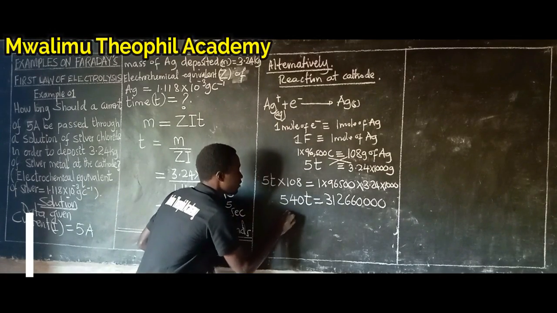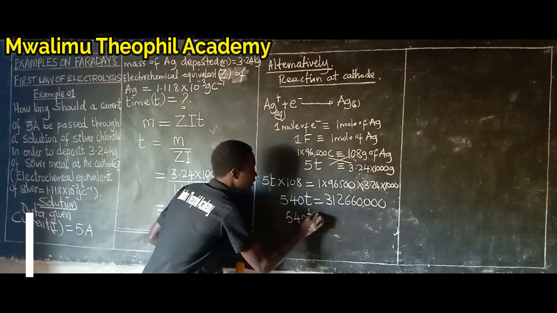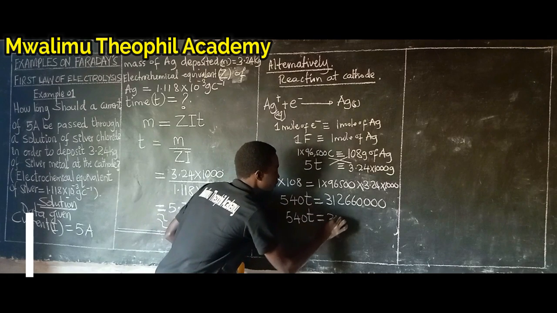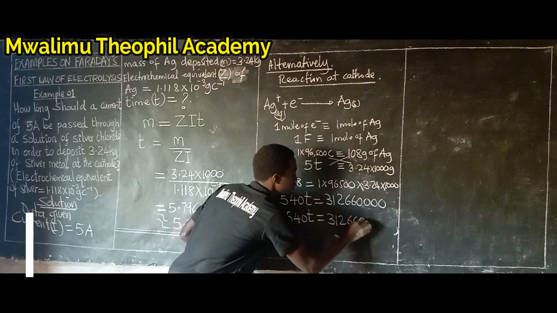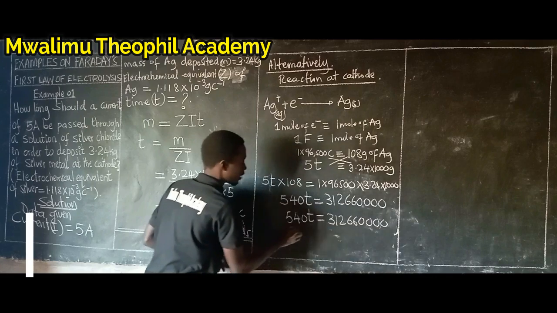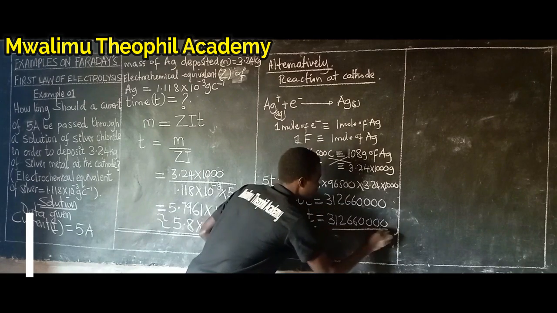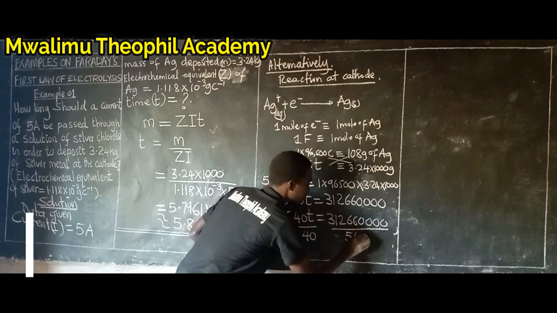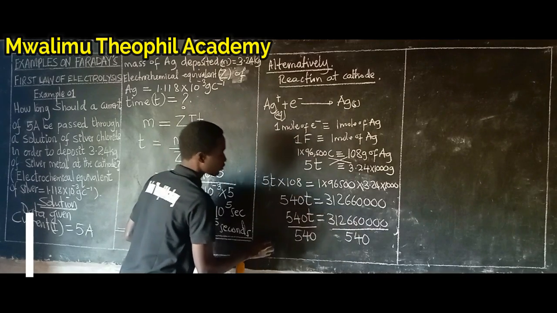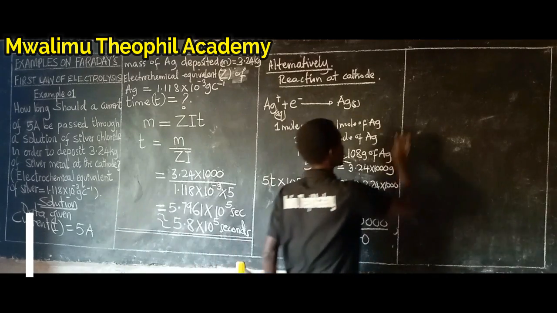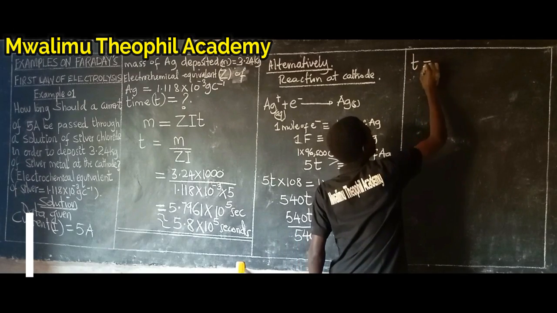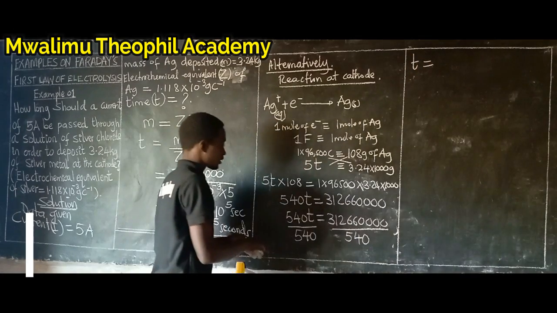Now, it will be 540t is equal to 312,660,000. We divide by 540 both sides. Now we are going to get t. What is the value of t? T will be equal to, let us divide.